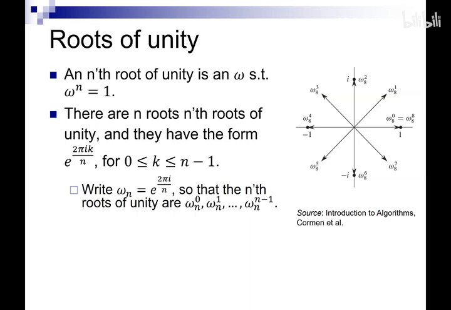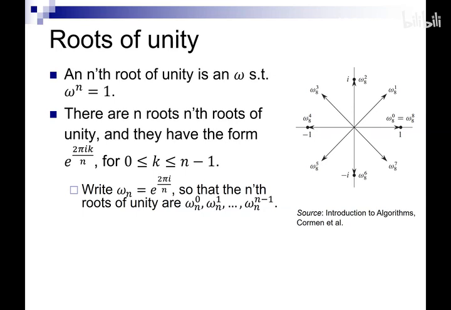All of these solutions can be represented in this form: e to the 2 pi i times k divided by n. So here we have n solutions to this equation, and for any k from 0 to n minus 1, we obtain one of these nth roots of unity.